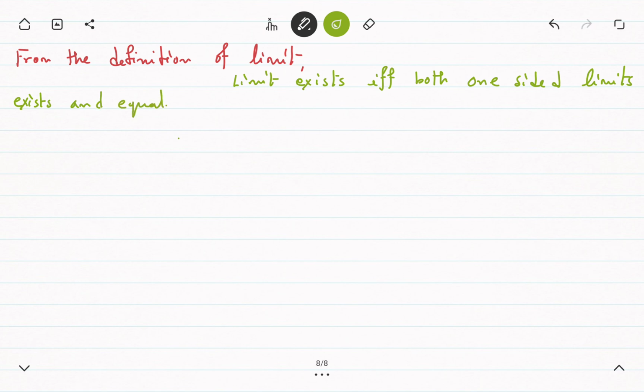Okay, so we'll write a theorem like this.